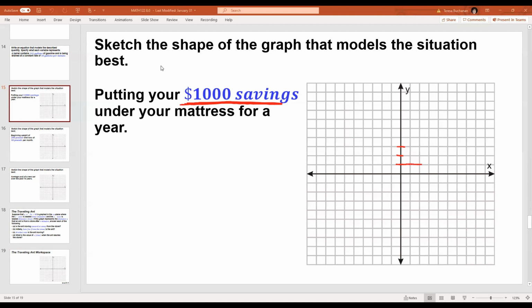After the second day, I have $1,000. Third day, I have $1,000. It's never going to change, right? The graph of this would have to be a flat line that is just a constant. It doesn't increase, it doesn't decrease. It's just going to stay level at $1,000 no matter how much time passes.